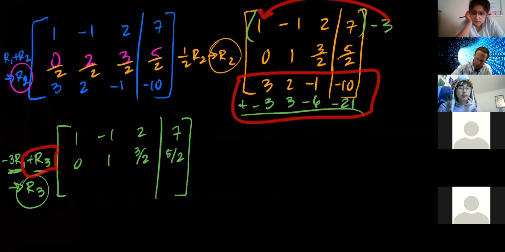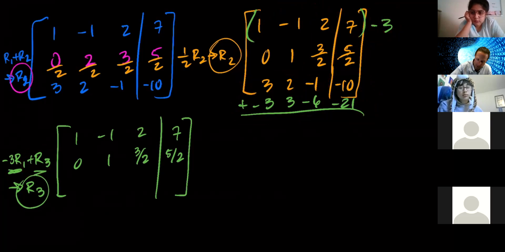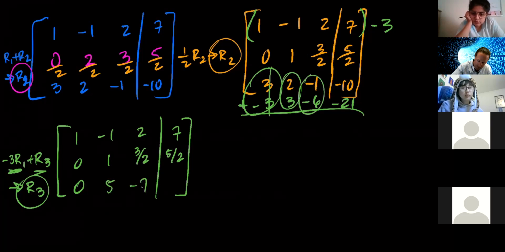So -3 times that gives me -3. -3 times that gave me +3. -3 times that gave me my -6 and -21. Now I'm going to add this, which zeroes out, which is what we were trying to do. That's why we're doing all of that. Brianna said, this gives us a 5 when we add it, a -7 when we add it, and yuck, a -31.